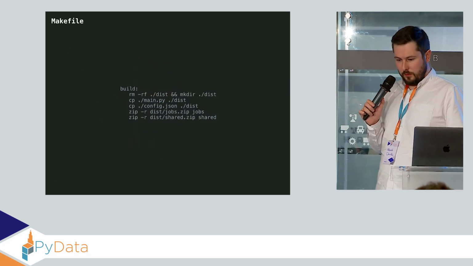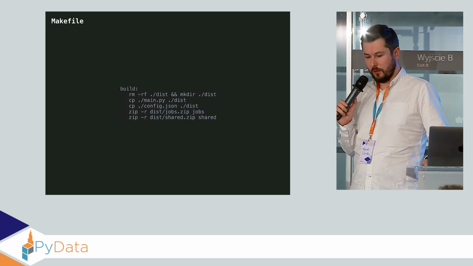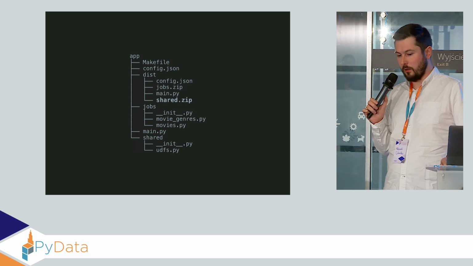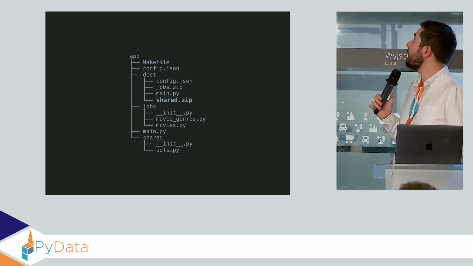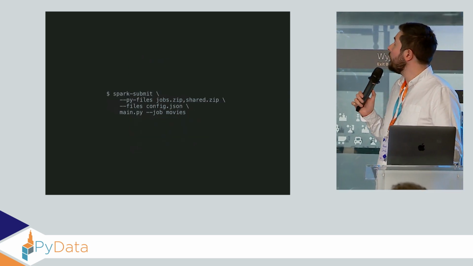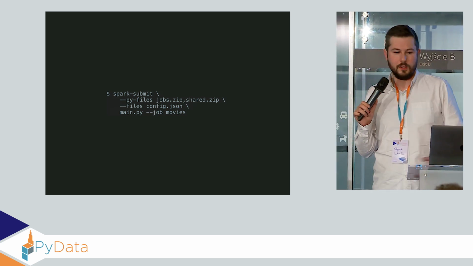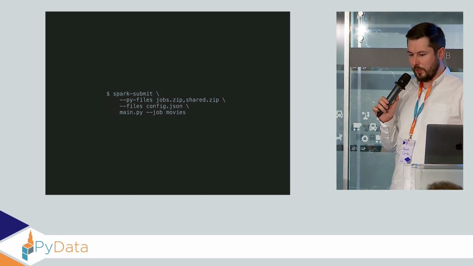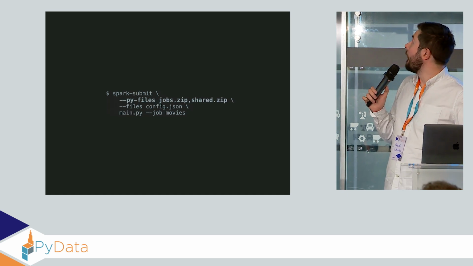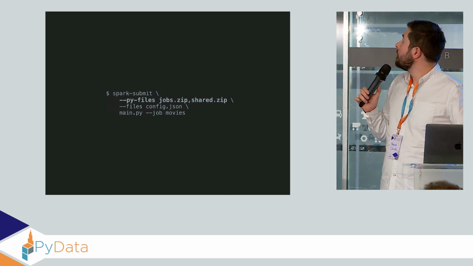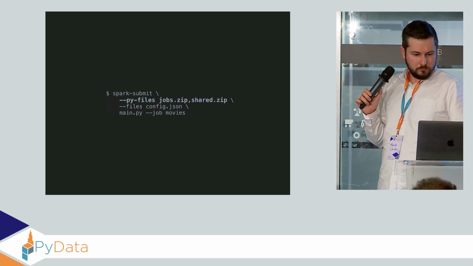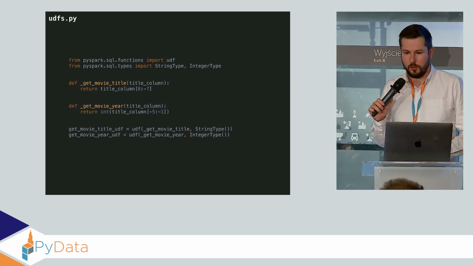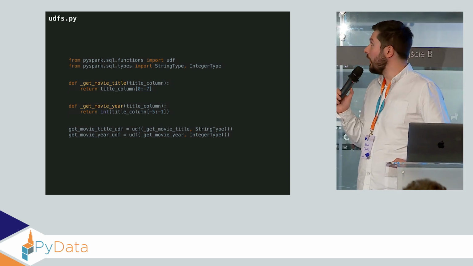We need to add an additional zip file to our makefile, and after running it, we have this additional file in our structure. Now in order to add this to our cluster, we use the same option as before, PyFiles, and we added a second file on the list here.